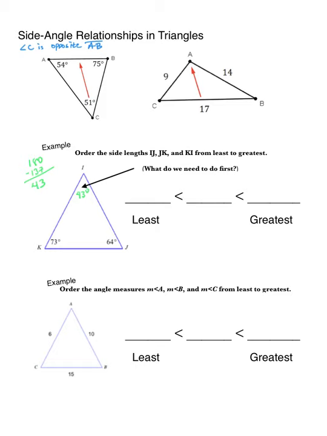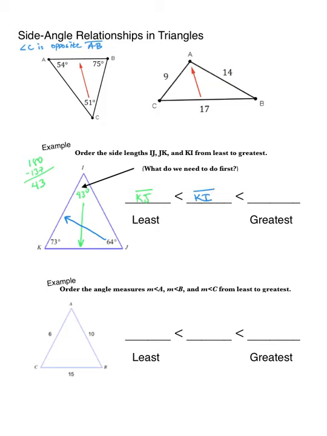So the smallest angle is opposite the smallest side. So side KJ is smallest. The medium angle is opposite the medium side, KI.